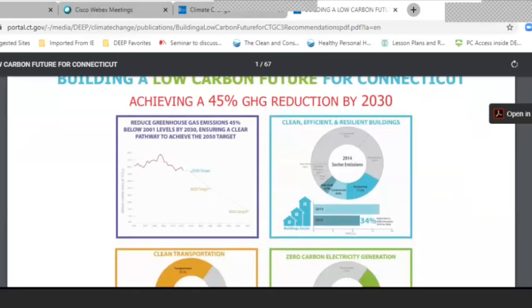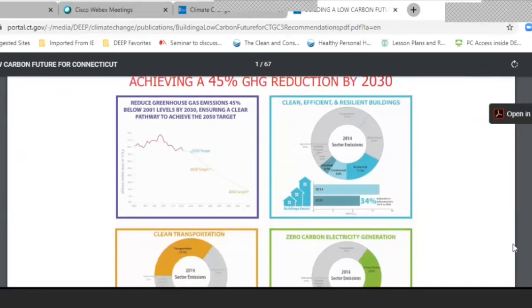So by 2030, we want a 45% greenhouse gas reduction. It identifies in this report how we're going to get there. Okay, what percentages of carbon from transportation, industry, agriculture, all of those different activities that we can take on a state policy basis. And it lays them out.